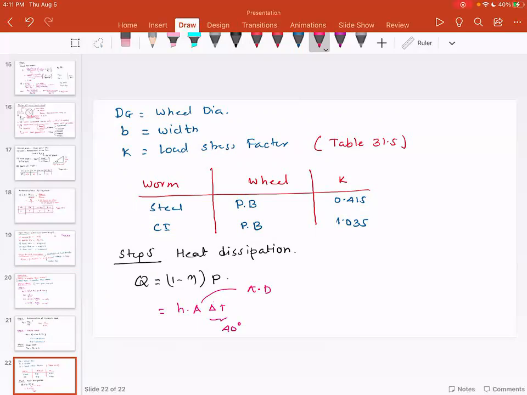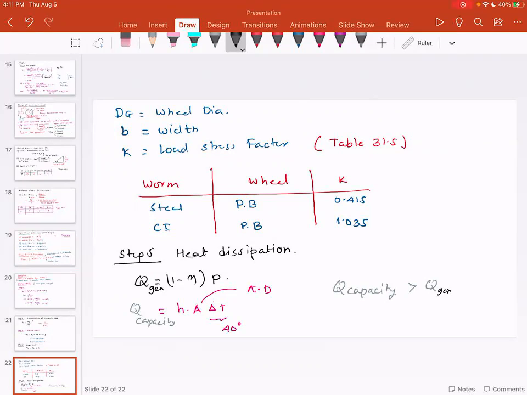And the H value depends upon whether you have free convection or forced convection, and that will tell you the value of H. And what we need to make sure is that Q capacity is greater than Q generated. So I'm going to call this QG. So Q generated has to be less than the Q capacity.